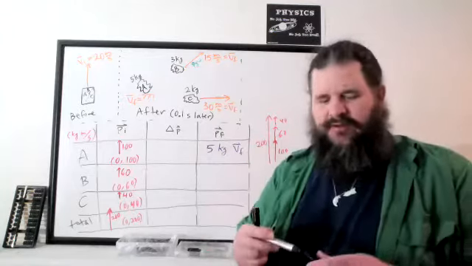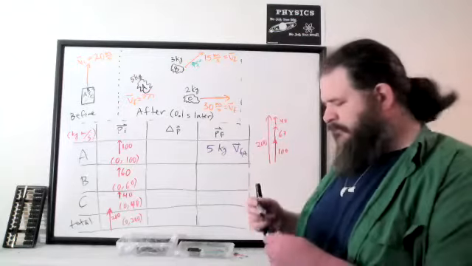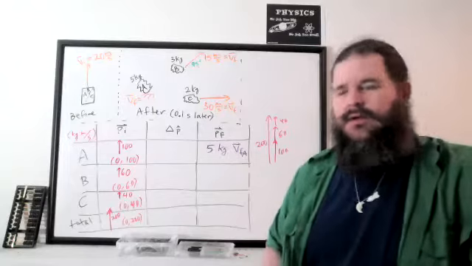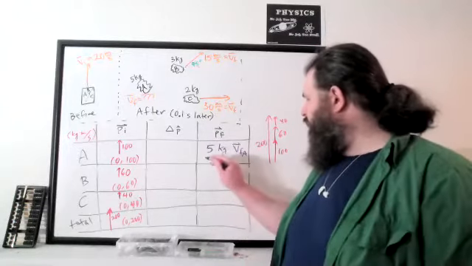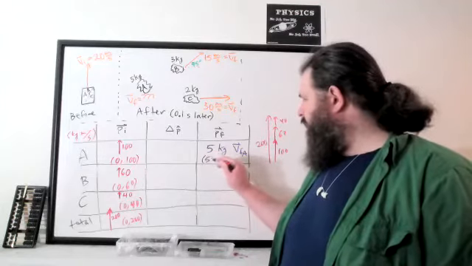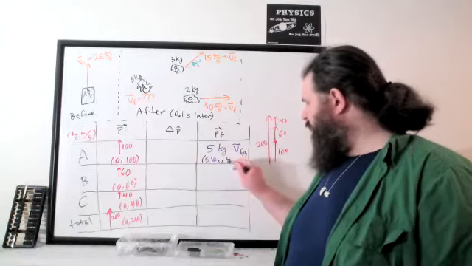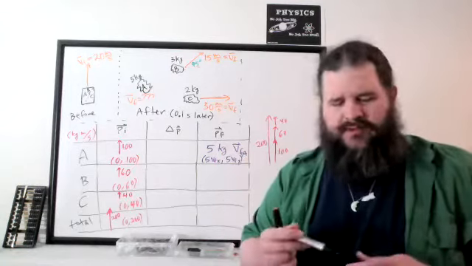It's some unknown vector, specifically V final of object A. But we can at least write its momentum in terms of that unknown. We could even fill in the components. We could say it's 5 V final X, 5 V final Y, even though we don't know what those components are.